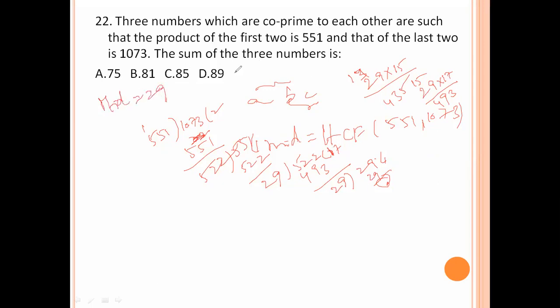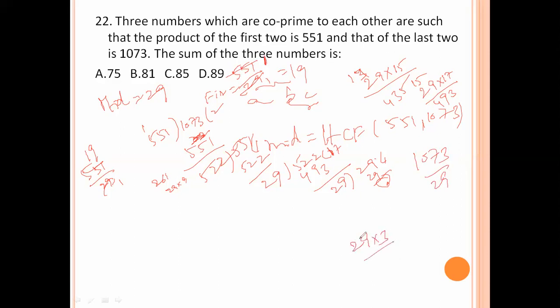So we need the first number. The first number is 551 divided by 29, which is 19. The last number is 1073 divided by 29, which is 37.